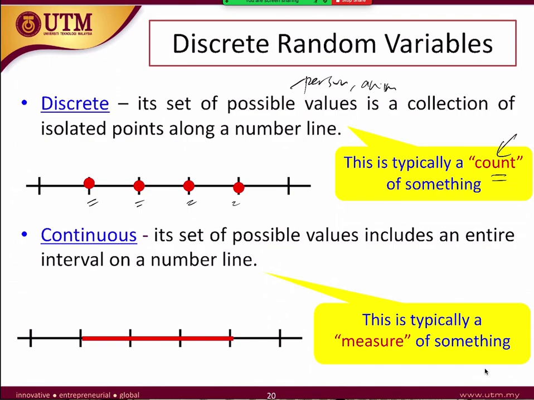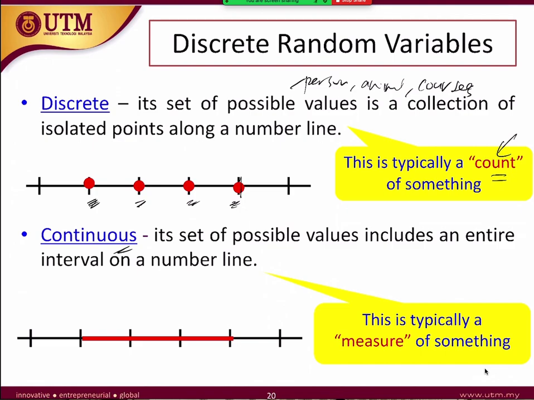How many animals do you have? You can't have continuous values on that. The number of courses you took for each semester, let's say 6 courses, these are counting. So usually it happens on an integer value. We don't have any decimal point.